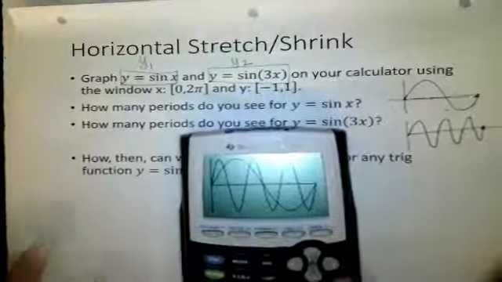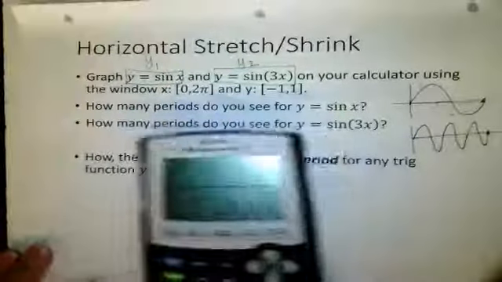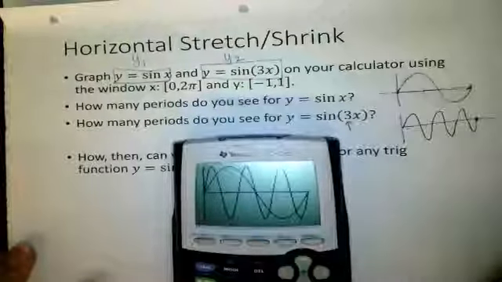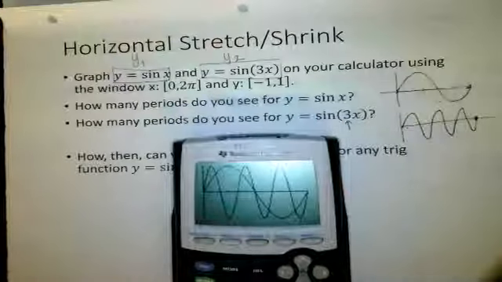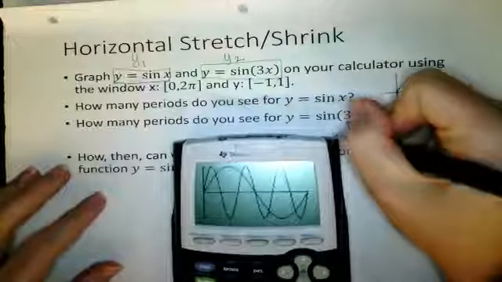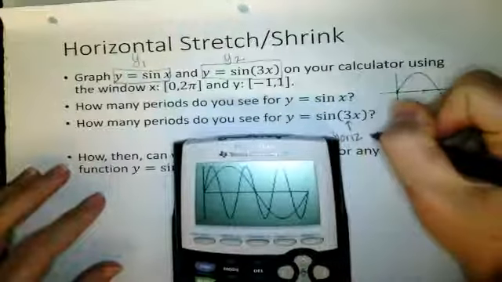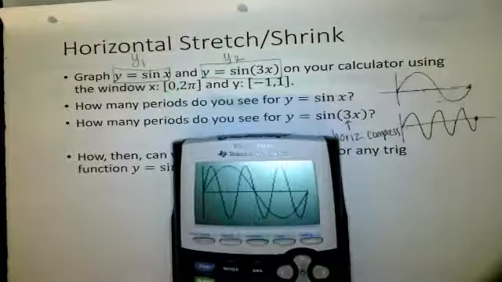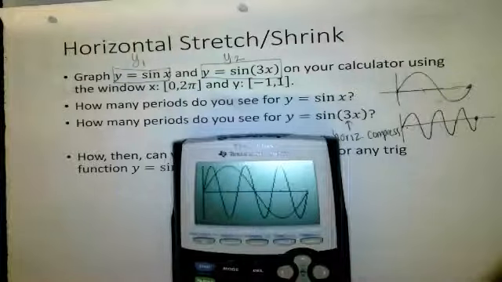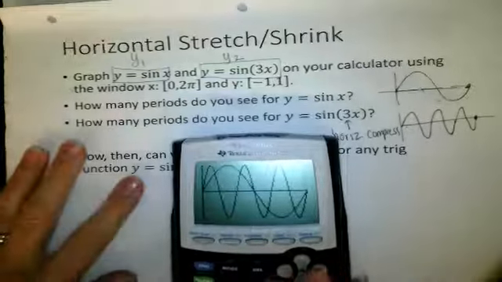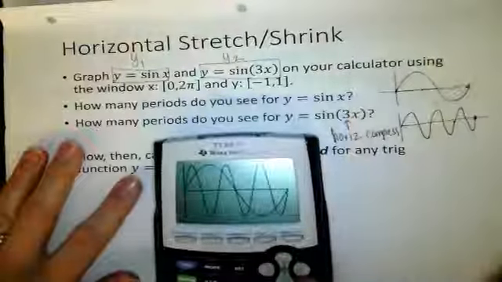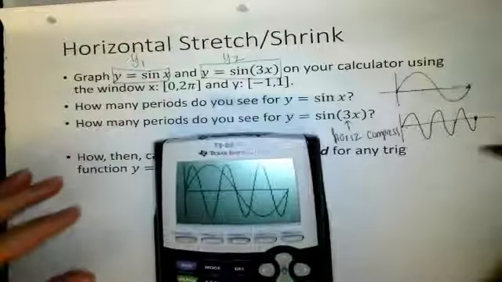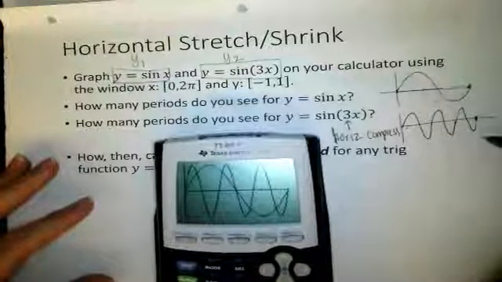Okay, so you can see what did that 3 do? Did it stretch it? It shrunk it, right? So this was a horizontal compression, because you can see it's literally compressed like a spring. It's more tightly packed, okay? A horizontal compression.